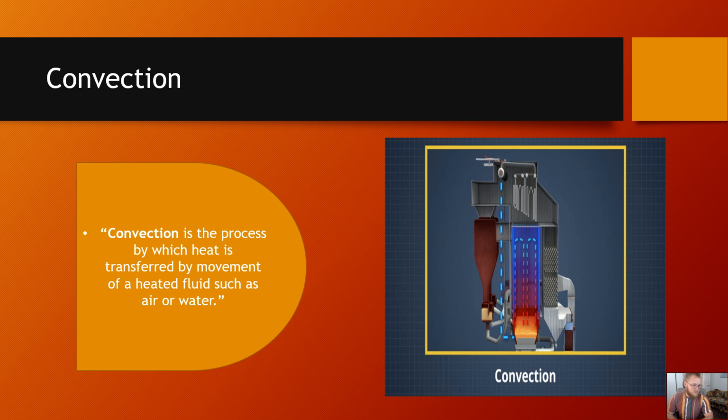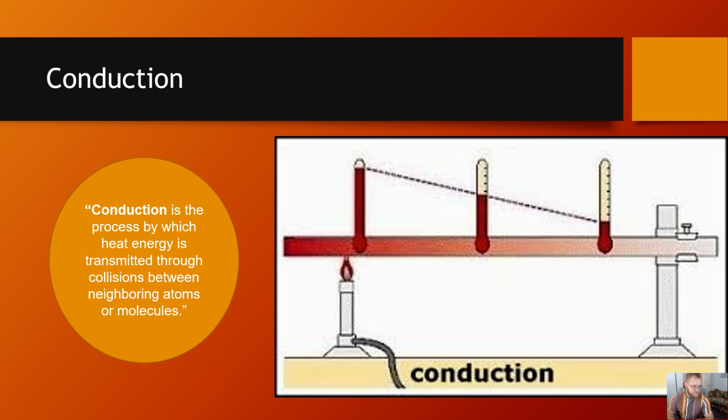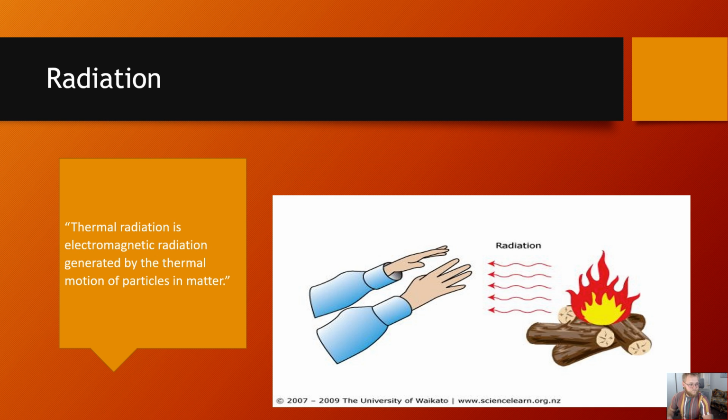Convection is the process by which heat is transferred by movement of a heated fluid such as air or water. Conduction is the process by which heat energy transmits through collision between neighboring atoms or molecules. We did this in that one experiment in the lab. We can all relate to this.